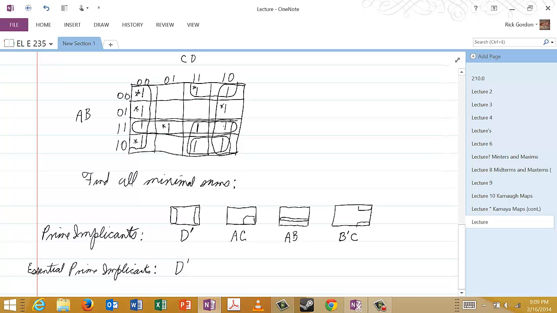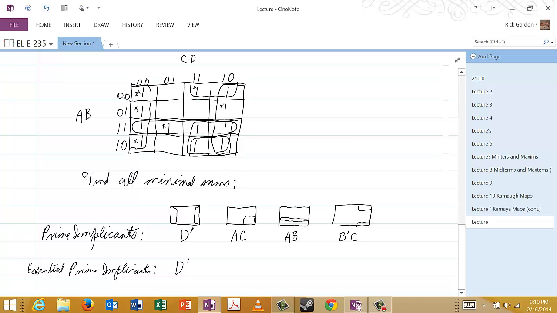Notice that we did not identify a single essential 1 cell there. So for AC, this is the first time we've had a situation like this, so pay careful attention. This prime implicant AC does not have a single essential 1 cell, so although it's a prime implicant, it's not an essential prime implicant.